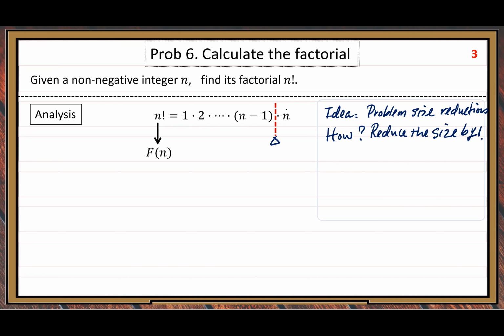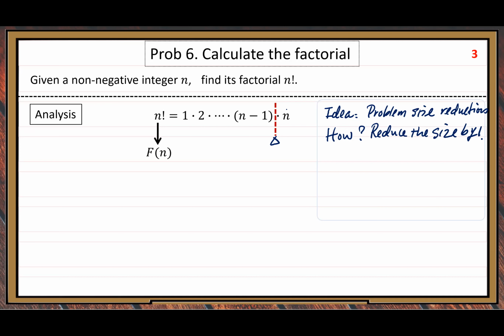Only 1 smaller than the current problem size. So we chop off only one operand from the product. That is one size reduction, one of the special cases when we do divide and conquer. Later we will have many different cases. Here is the simplest case, the one size reduction case.